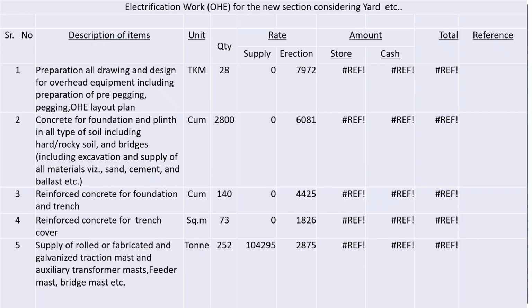But if it is curvature, you can take more, because in curvature the span will be reduced and the number of masts will be more. So you have to take 20 to 22 masts for 1 TKM. Again, according to the wind zone, if it is a high cyclonic area, then your span will be reduced, to stop the swinging of the contact and catenary out of the pantograph running.